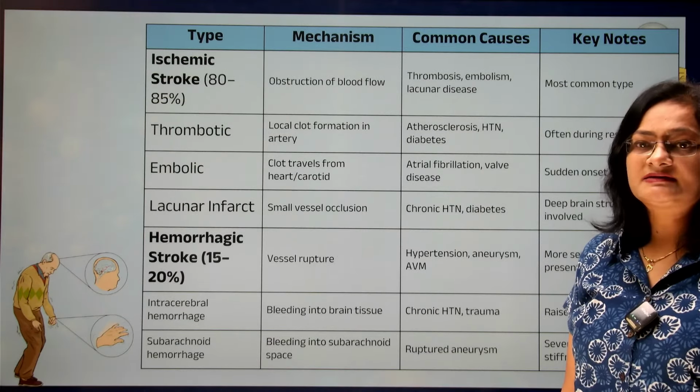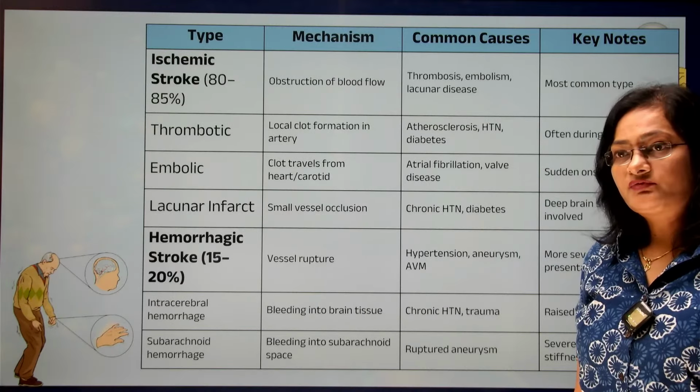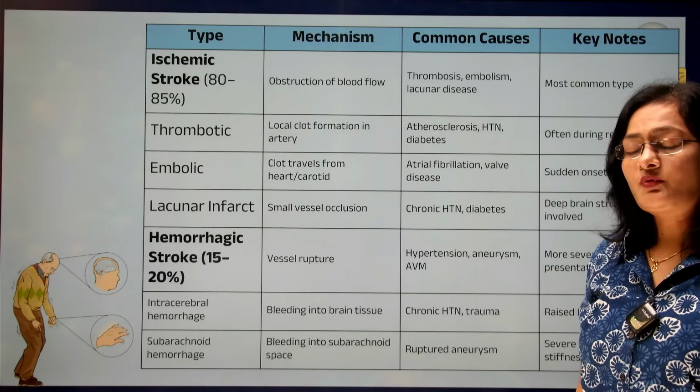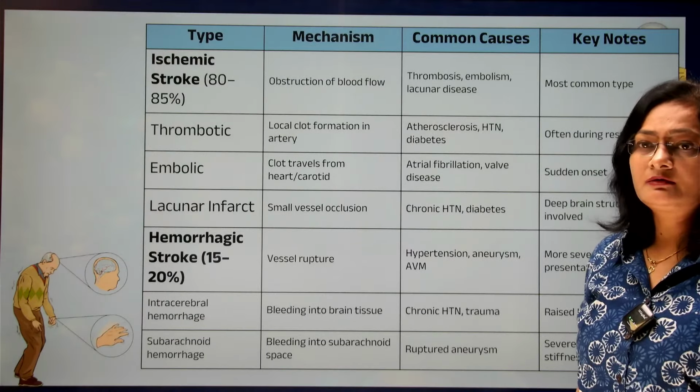Now, each type of stroke, it has different mechanism, then some of the common causes and the key points which you need to remember to solve the MCQ. So, whenever there is obstruction to blood flow, it will result in ischemic type of the stroke. So, in thrombotic, there will be clot formation in the artery.